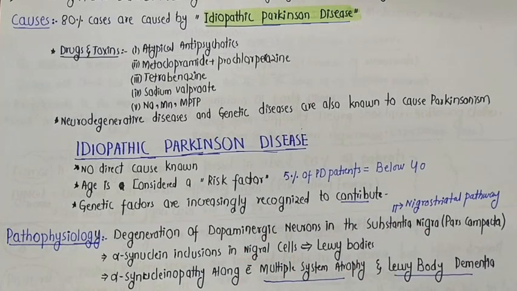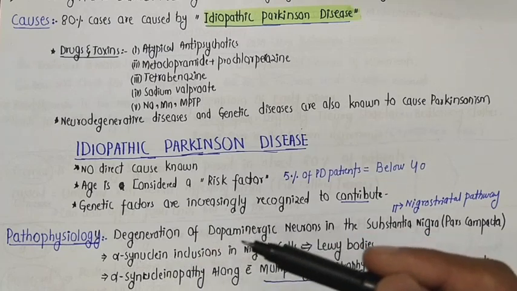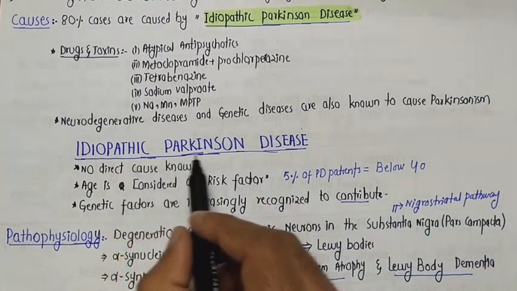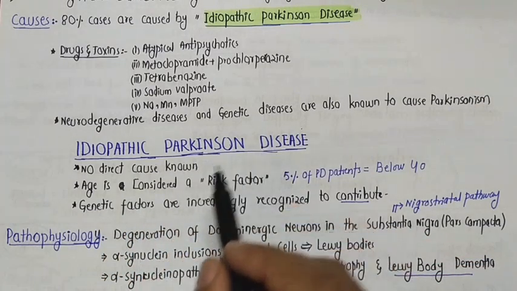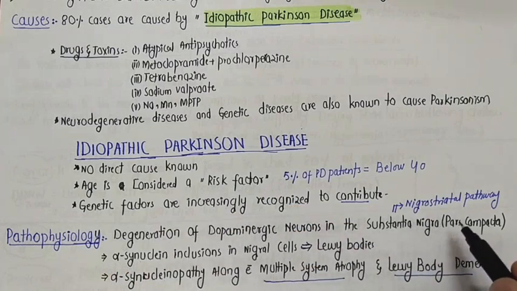So what is the pathophysiology of Parkinson disease? Just like we discussed in Huntington disease, where there was degeneration of GABAergic neurons in the caudate nucleus, Parkinson's disease is also a degenerative disease where there is degeneration of dopaminergic neurons in the substantia nigra pars compacta of the basal ganglia.